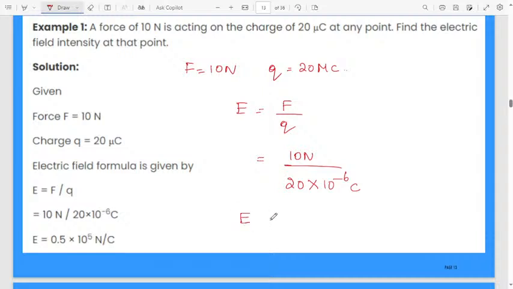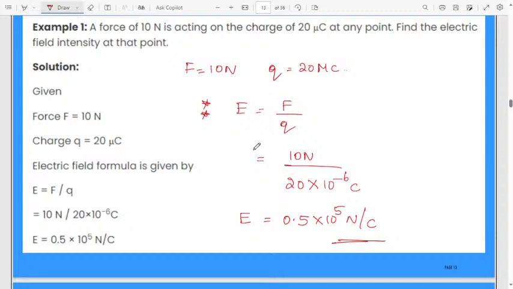Then simplify, and you will get electric field intensity as 0.5 into 10 to the power of 5 newton per coulomb. That is the SI unit for electric field intensity. This formula you have to remember. Micro means 10 to the power of minus 6, that you have to remember.